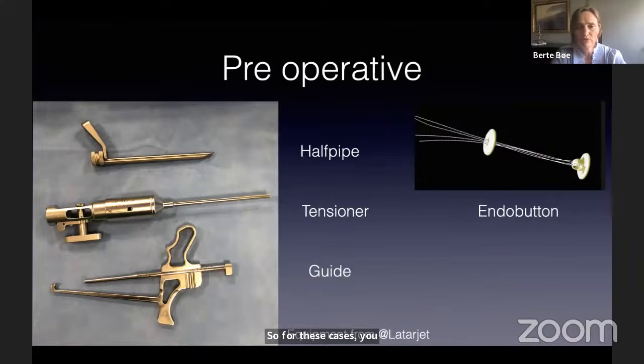I also use a half pipe to get in and out, because the guide might feel a little bit bulky going into the joint. So instead of a cannula from posterior, I use this half pipe. And you also need the tensioner to tension the Endobutton when you have managed to get it through both the glenoid and the Bankart fracture.